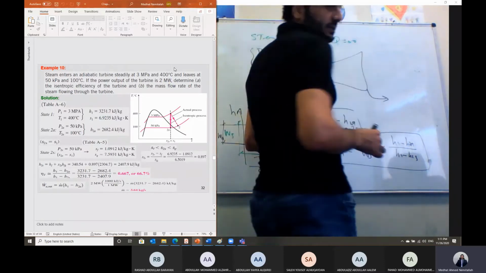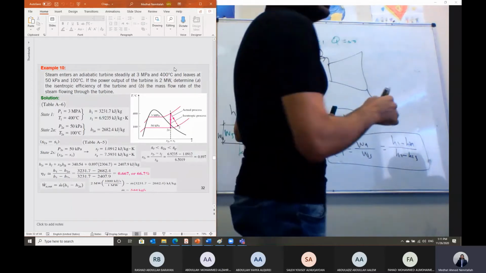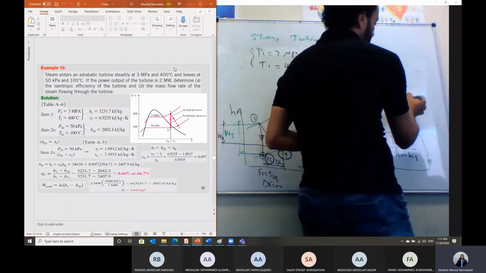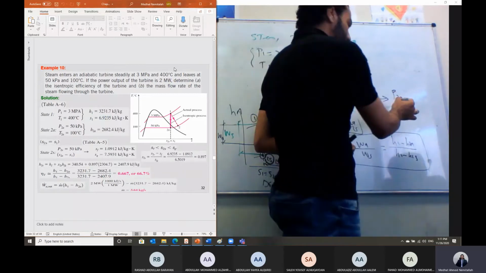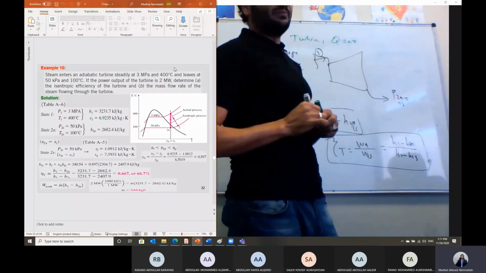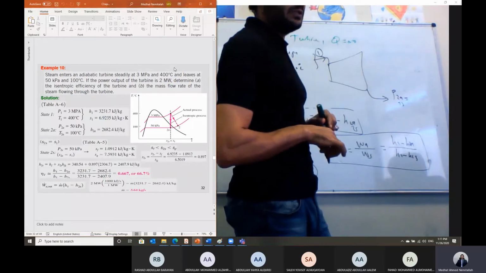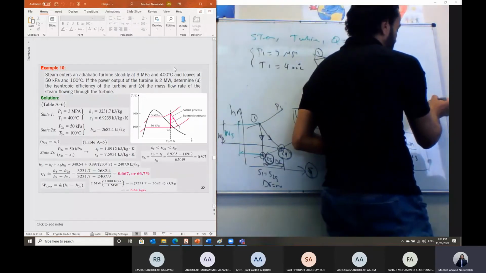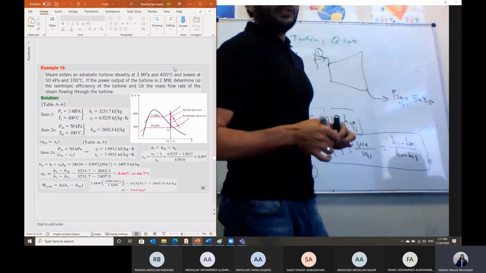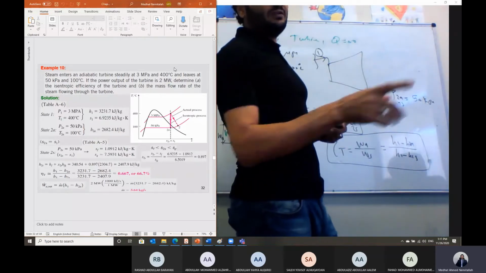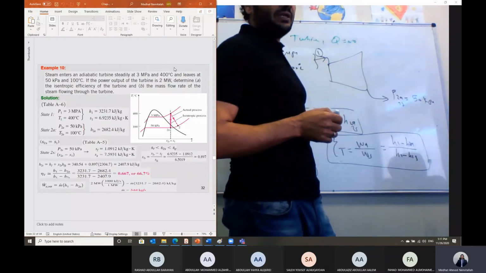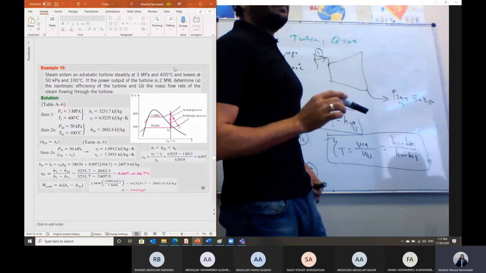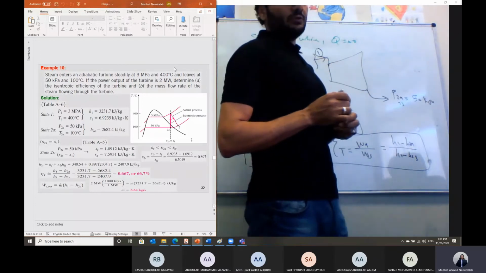He said steam is leaving this turbine at pressure P2, that P2 actual, and it is the same as P2 isentropic. It is the same pressure whether the process is actual or isentropic. He will not tell you, guys, whether this is the actual exit condition or the reversible one. He will just give you the exit pressure and exit temperature, and by default this is the actual value.